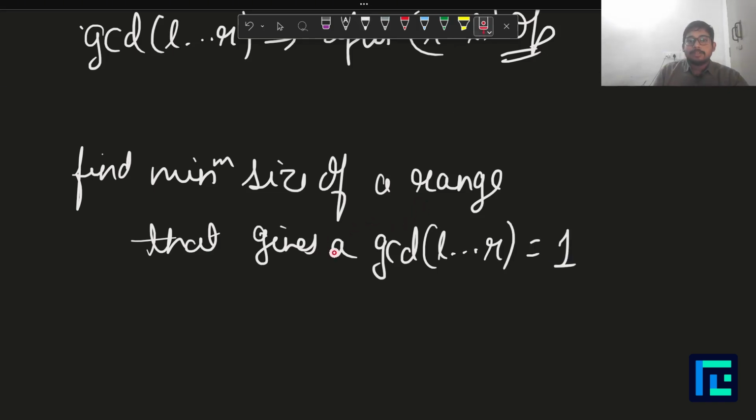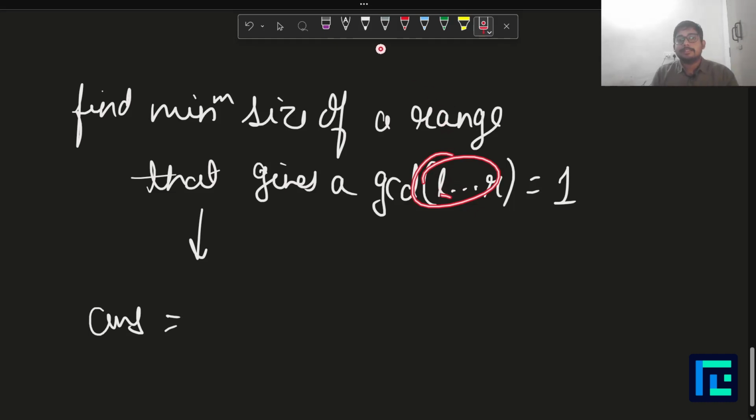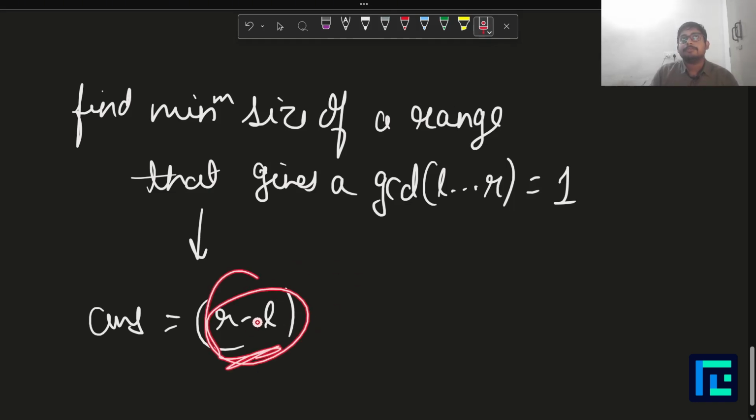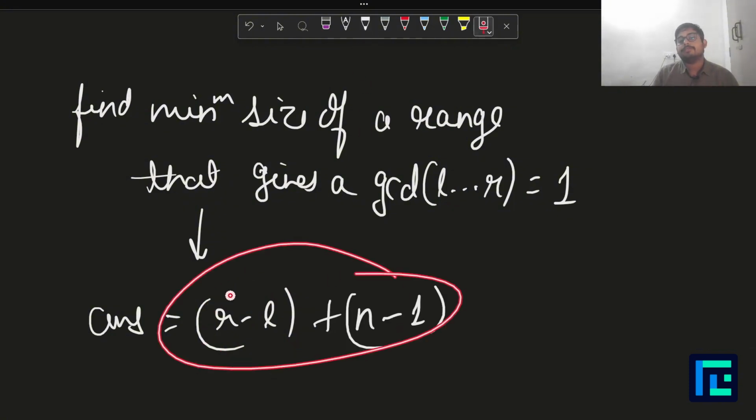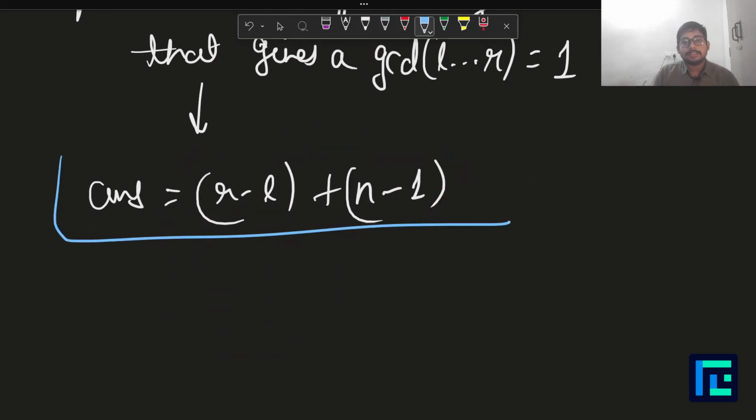If you can find that minimum size, then your answer would be as follows. Whatever range you found for which the size is minimum, that size would be r minus l plus 1, and the number of operations required would be r minus l plus n minus 1 operations to convert the rest of the n minus 1 numbers to 1. So this would be your answer for the very general case.